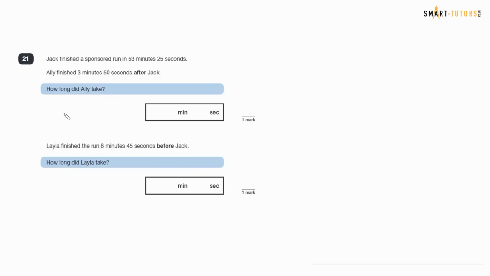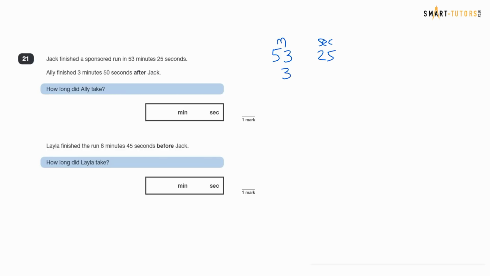Question number 21. Jack finished a sponsored run in 53 minutes 25 seconds. Ali finished 3 minutes 50 seconds after Jack. How long did Ali take? So they're asking how long he took. That means if he finished 3 minutes 50 seconds after Jack, you must add it on.